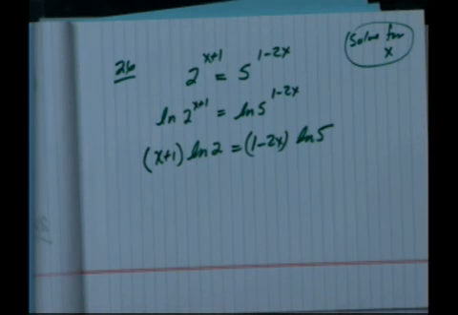What's my job? Solve for x. So I'm going to find a way to get all the x's on one side, all the numbers on the other. What would you suggest that I do? Would you bring the 1 minus 2x on one side and put natural log of 5 divided by natural log of 2?